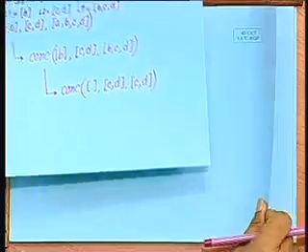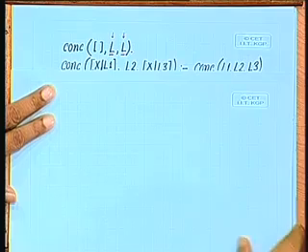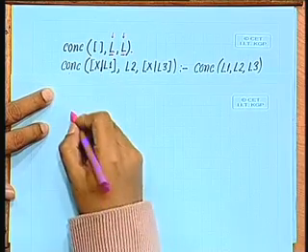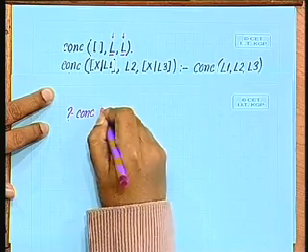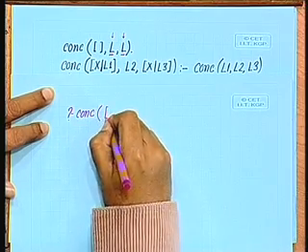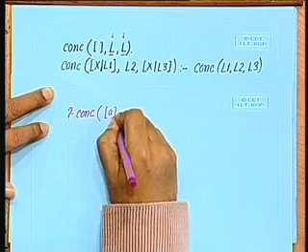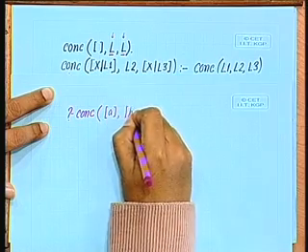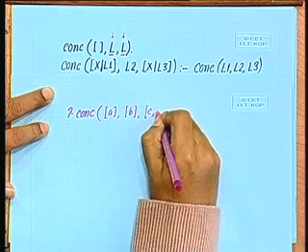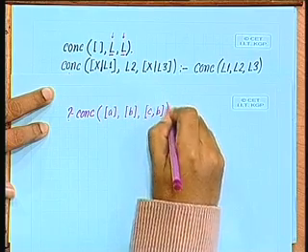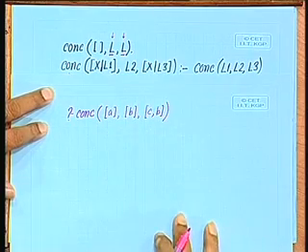So, for example, if we slightly modify this case, suppose we try to check whether conc A and B will work or not, right.